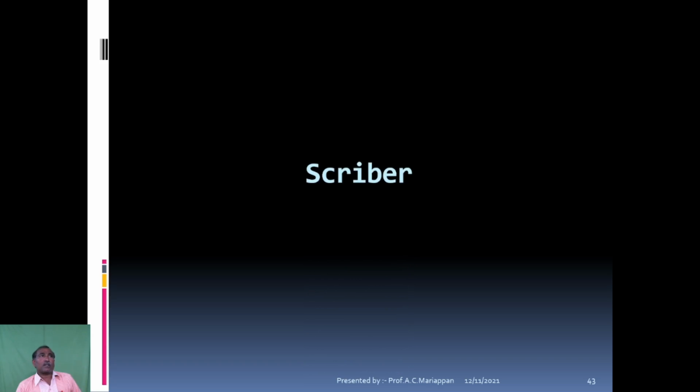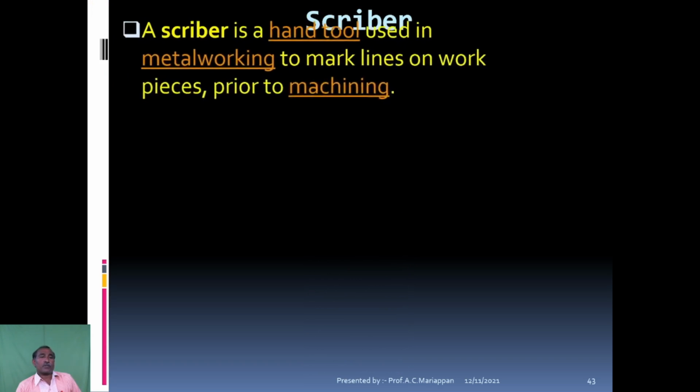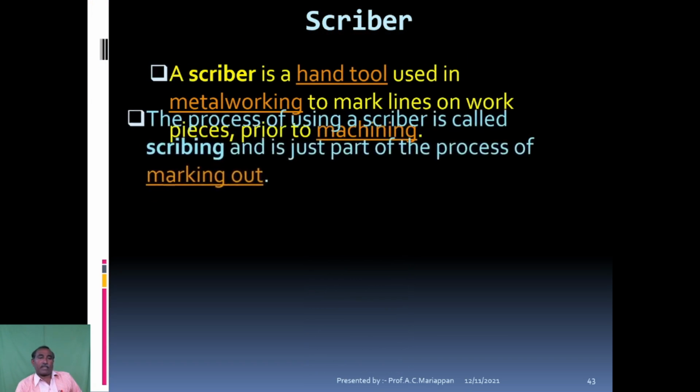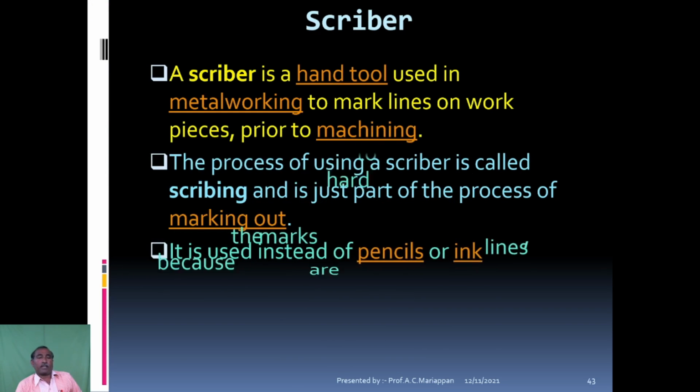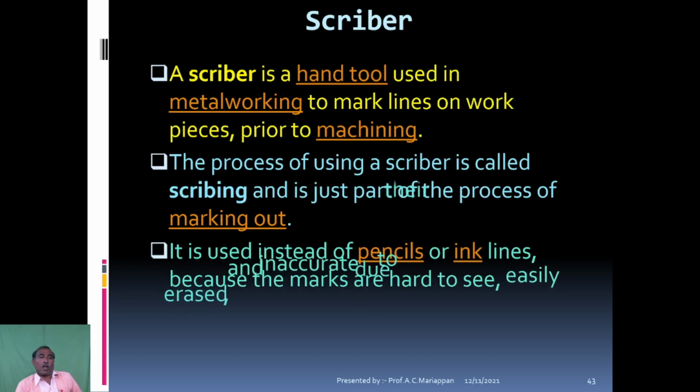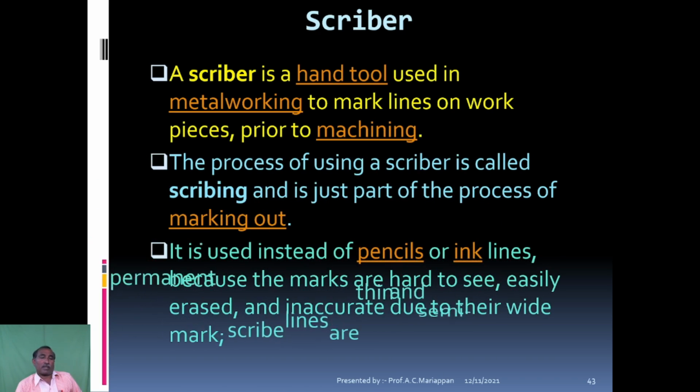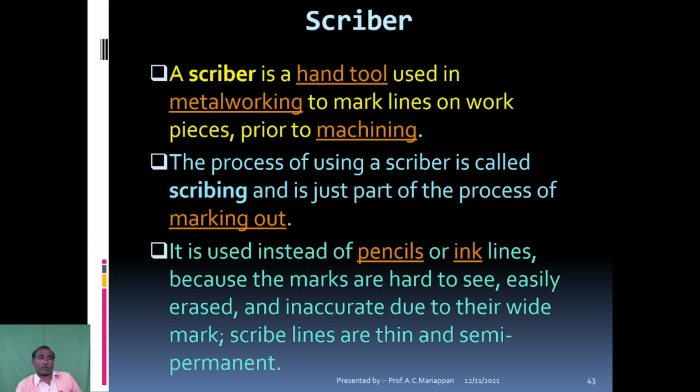The scriber is a device which is used to scribe the dimensions or lines on a sheet metal especially. A scriber is a hand tool used in metalworking to mark lines on the workpiece prior to machining.